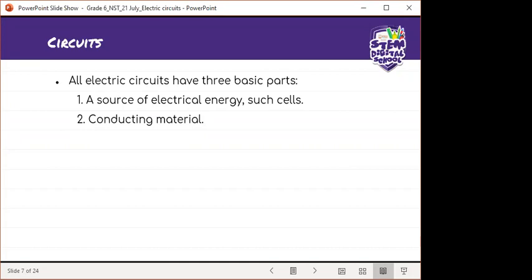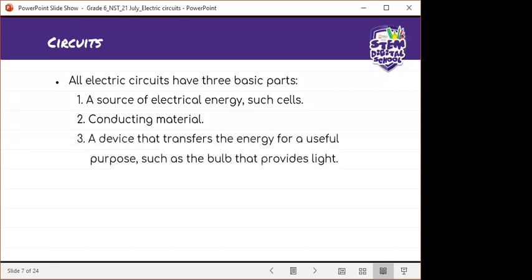So conducting material might be the wire, okay? As you guys have seen on the previous slide, we dealt with wires. Then thirdly, a device that transfers the energy for a useful purpose. So an example would be the bulb, which would provide light. Another example that Kia gave us was an alarm, right, which provides sound, okay?